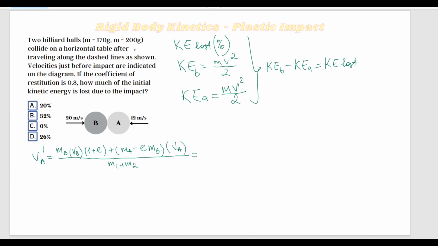This equals, we have MB as 200 grams multiplied by VB.